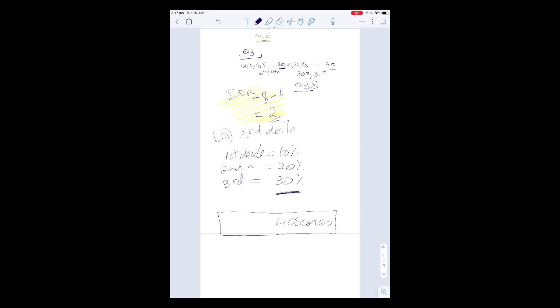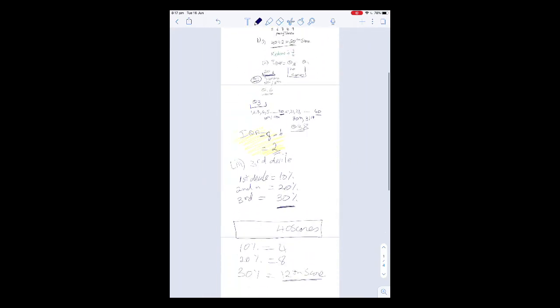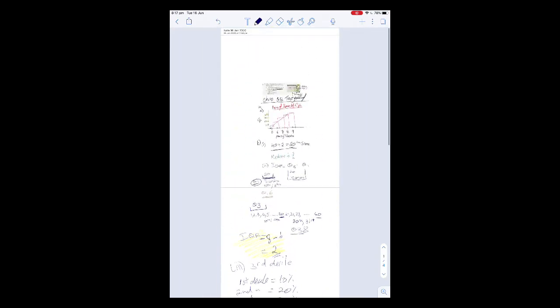We know because we added them, right? Okay, 10% would be how many scores? 4. 20%, add another 4, which would be 8, right? 30% would be another 4, which would be the 12th score. That's all you're really looking at, okay? So you're looking at the 12th score.